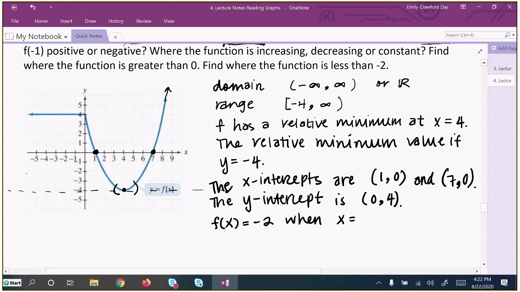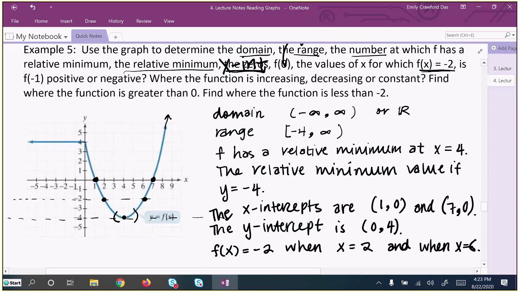I'm going to look at the y value -2, and I'm going to see which x values correspond to that y value. There are x values that correspond, so f of x is equal to -2 when x is equal to 2 and when x is equal to 6.